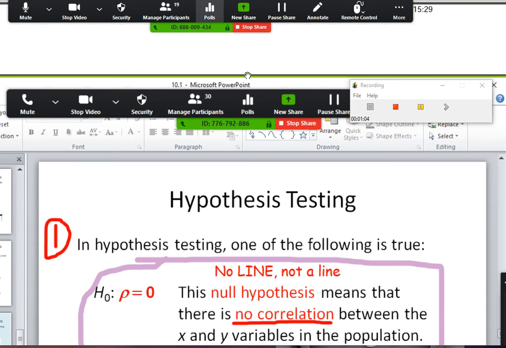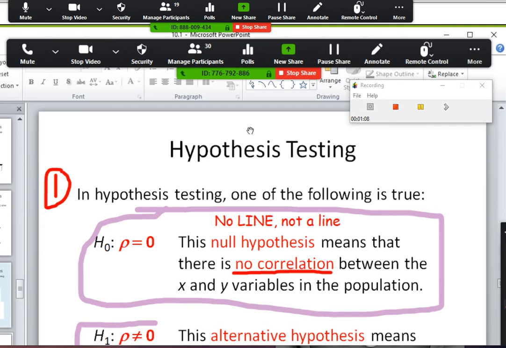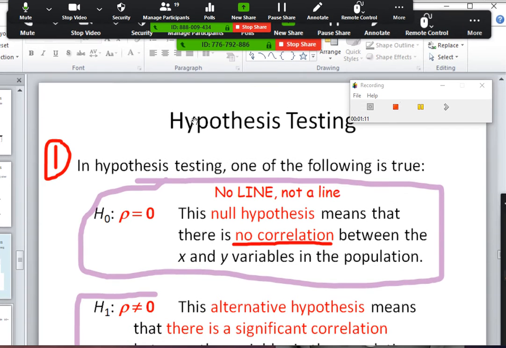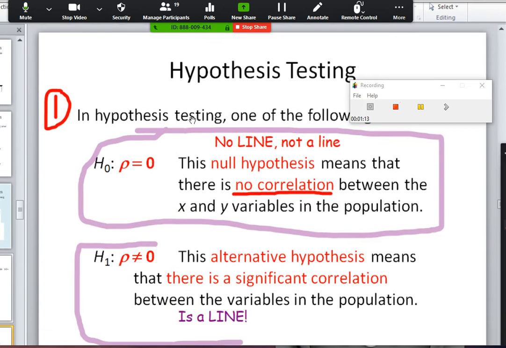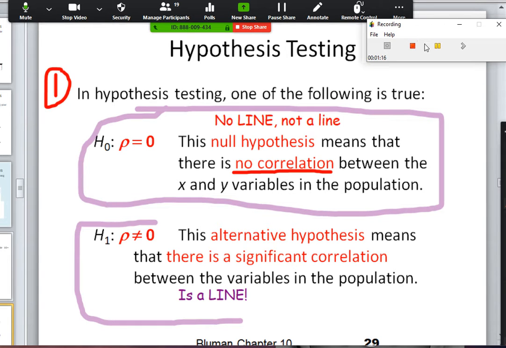Okay, so now we're going to talk about the steps of hypothesis testing. First off, let's look at the very first step, which is kind of the hardest one, I think, because it's the one most people get confused about. Remember, the null hypothesis is always "no something."